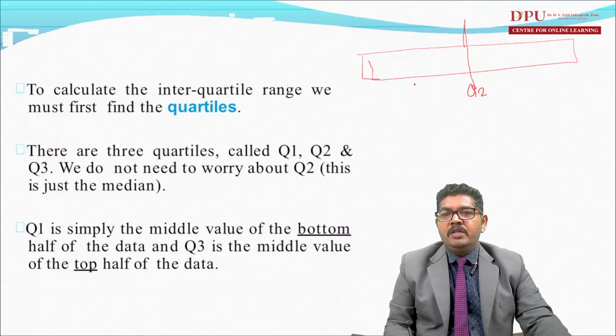So this is the first half, this is the second half. So Q1 is this value. This is the value which divides the first half into two equal halves again. So this is Q1 value, and Q3 is the value which divides the second half into two equal halves. This is Q3 value.